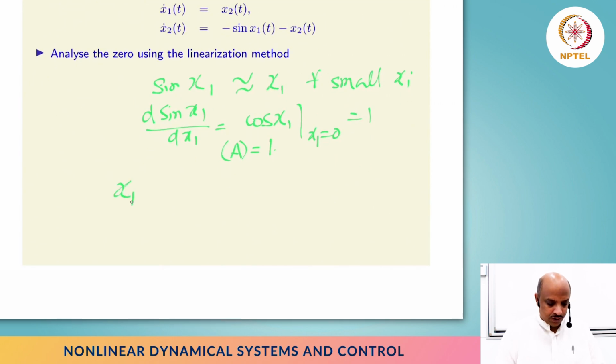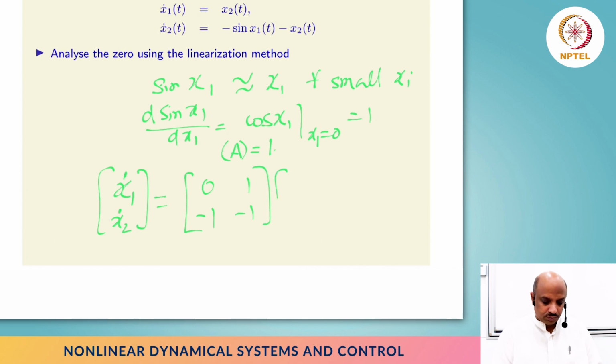On the whole, x2 will remain x2, minus sine of x1 will be approximated by minus x1, and this minus x2 will remain minus x2, and this is Hurwitz, exponentially stable.